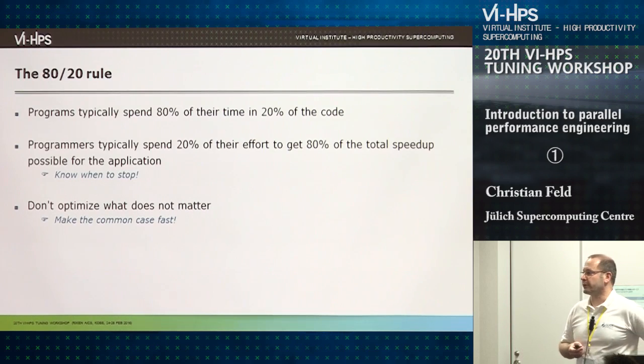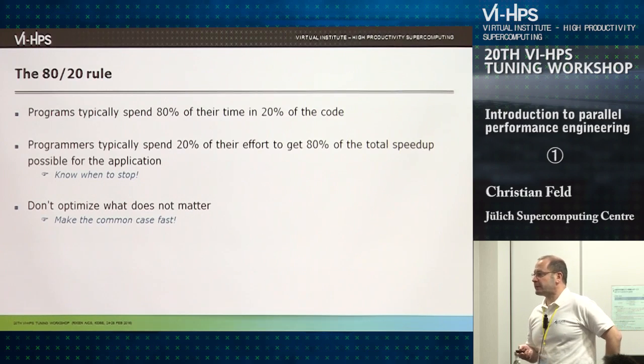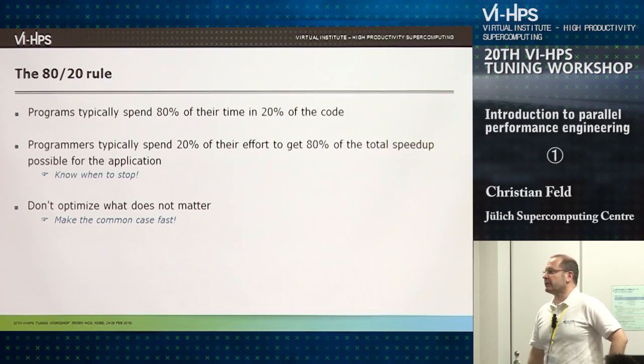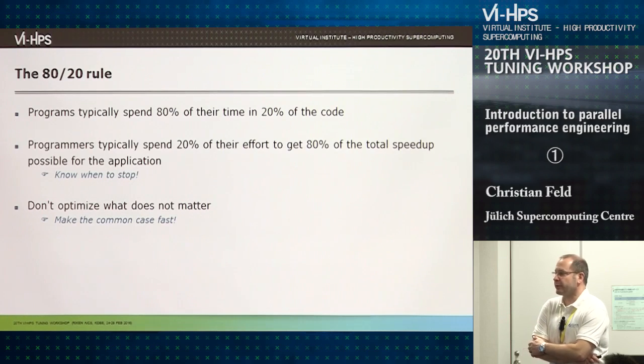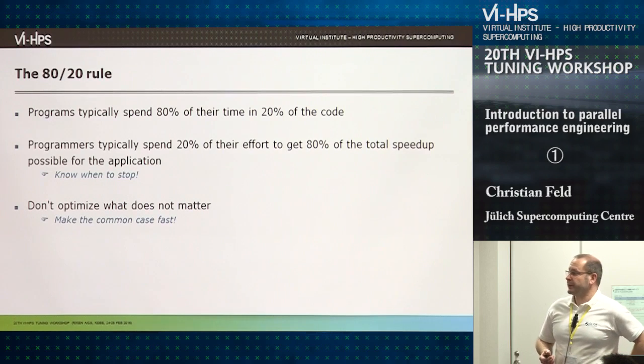So this is the code you should look at. And usually you spend only 20% of the time to get 80% of the total speedup that is possible. So at some point, it's time to stop, because we all have limited resources to work on optimization.